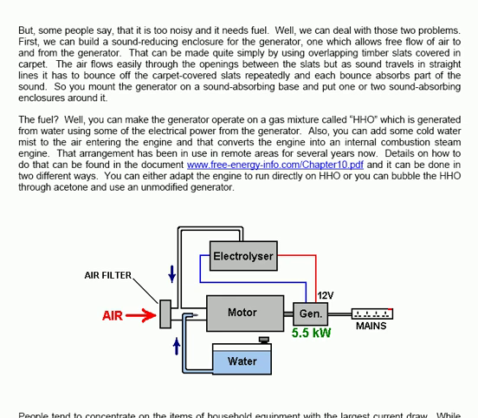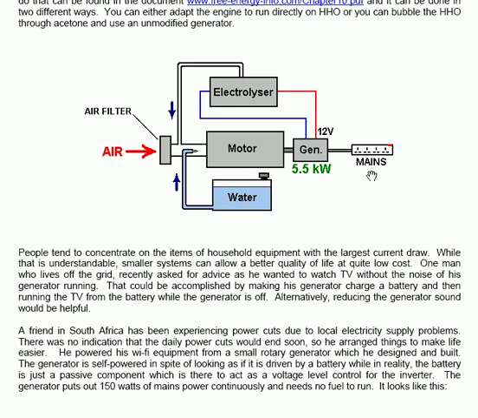You run an electrolyzer off your 12-volt power supply, and you can make your own electrolyzer quite easily if you want to. That feeds gas through to the incoming air which is entering the motor, and you have a water jet arrangement called a Venturi tube, which feeds little droplets of water in along with the air into the motor. There's more detail, of course, in the document which is pointed to in the above link.